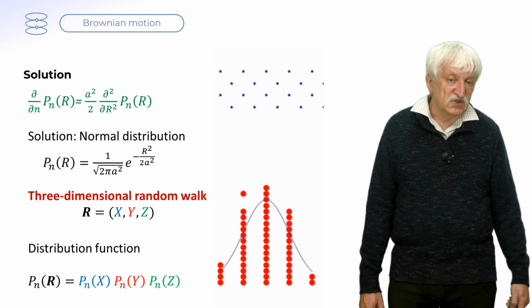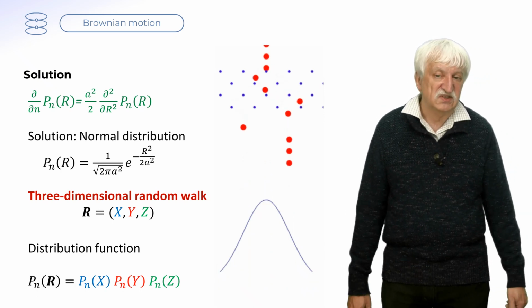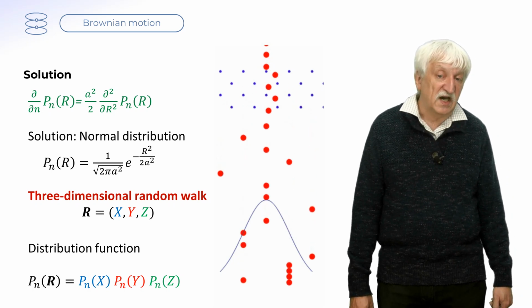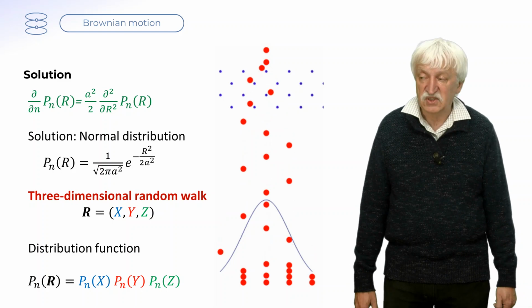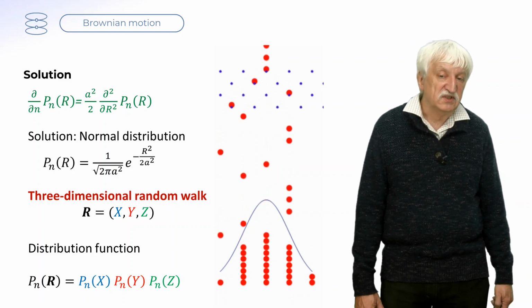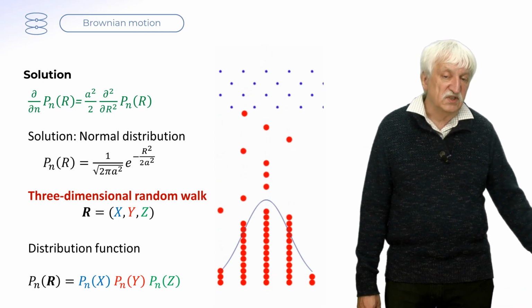Since the motion along these coordinates happens independently, the distribution function Pn of the vector r, let me recall, the end-to-end vector of the random motion, is the product of these three distribution functions along each of these coordinates.